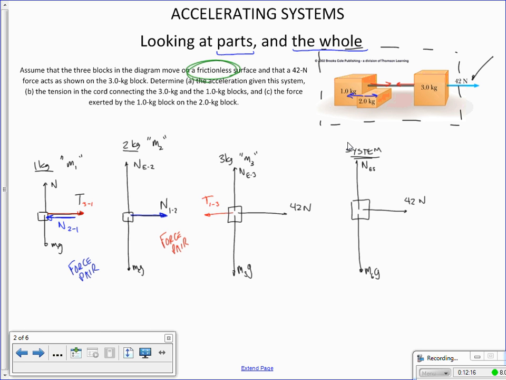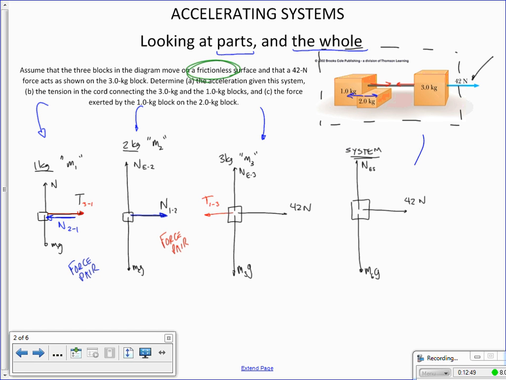It says determine the acceleration of this system. Well, in acceleration, we're going to have to look at a net force equals ma statement, a Newton's second law statement. And the question is, where are the least number of unknowns? If you look over here, we don't know what the tension or that normal force are. Here, we don't know what that normal force is in the left to right direction. Here, we don't know what that tension is.